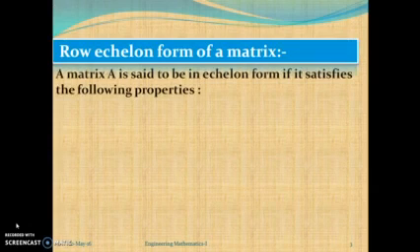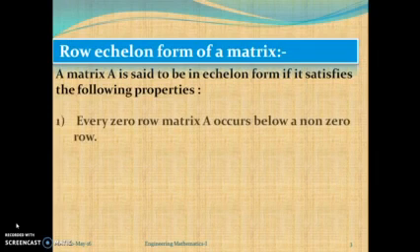A matrix A is said to be in echelon form if it satisfies the following properties. First property: every zero row of matrix A occurs below a non-zero row. What is meant by a zero row? It means all elements in that row are zero.